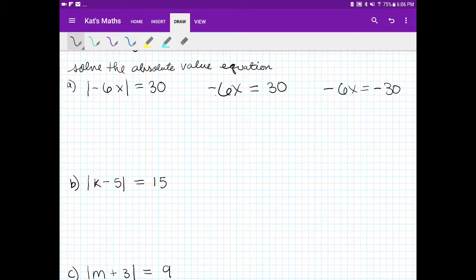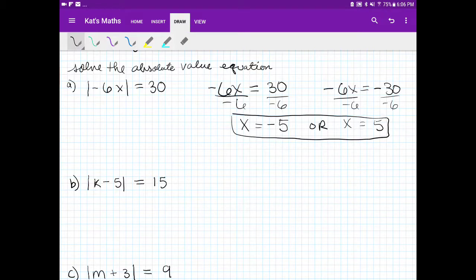So we're going to divide by the negative 6 in both cases. So here you get x is equal to negative 5. And on this side, you get x is equal to 5. So our answer is this or this. x is negative 5 or 5.